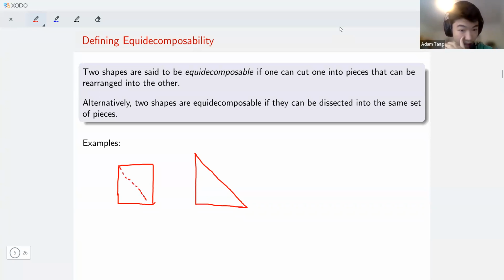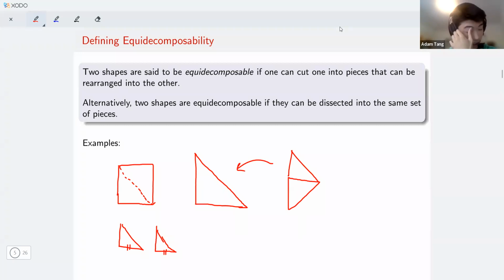We can just cut it along the diagonal, get two triangular pieces, and now we just combine them, for example, along one of the legs, and then we get this shape. Of course, this is just a rotated version of this. So we can say that this square and this big triangle are equidecomposable.